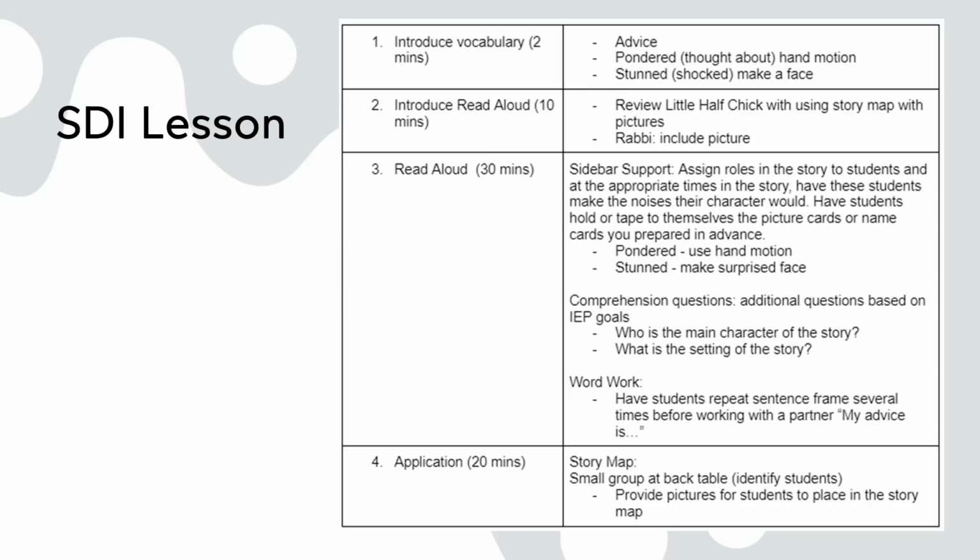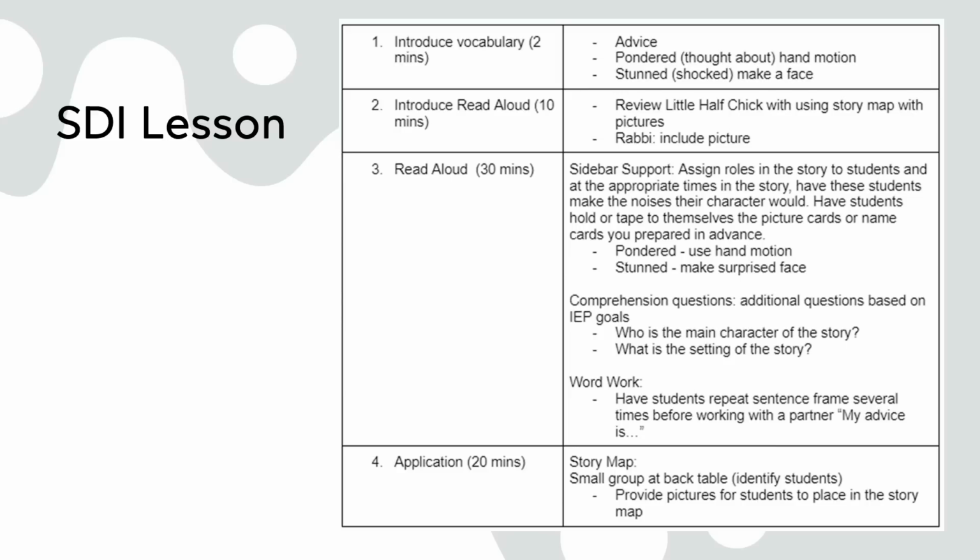At the beginning of the lesson, there are 3 core vocabulary words to be taught: advice, pondered, and stunned. For the word ponder, we will use the thinking hand motion of putting our finger on our chin or mouth to look like we are thinking or pondering something. For the word shocked, we will practice making a surprised face.